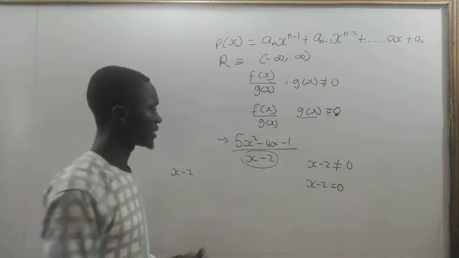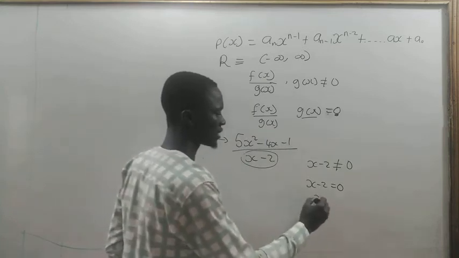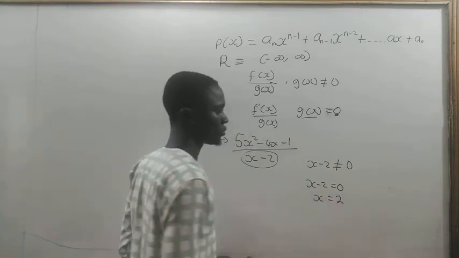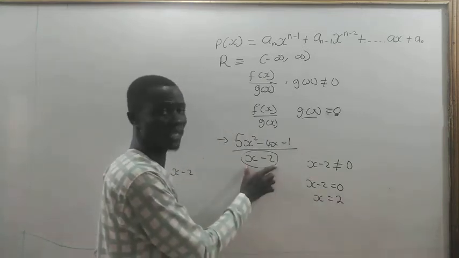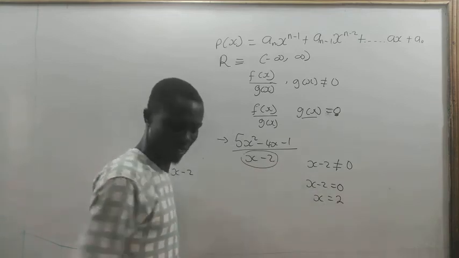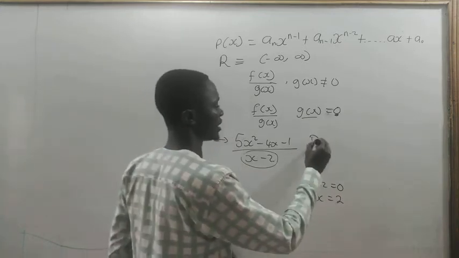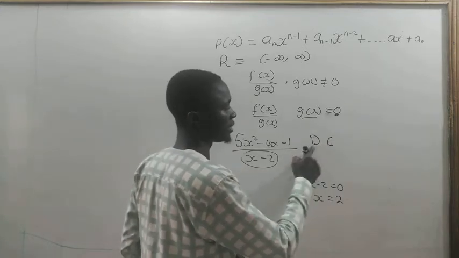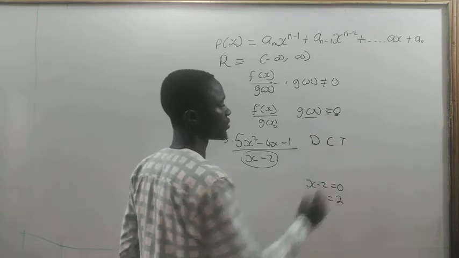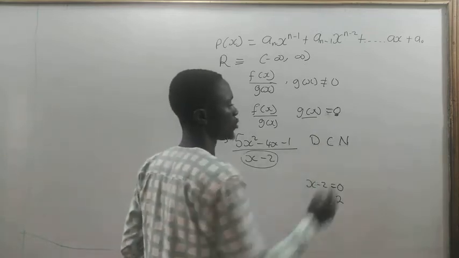So we are saying that this function is discontinuous for x equal to 2. We equate the denominator to 0 and we get x equal to 2 for real numbers. So I will say it is discontinuous. Okay, let me write it down so that we get the term.